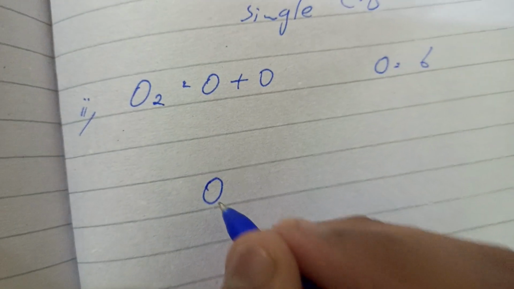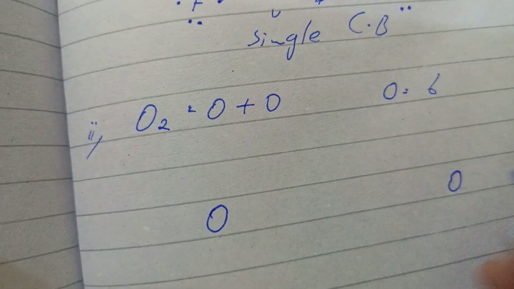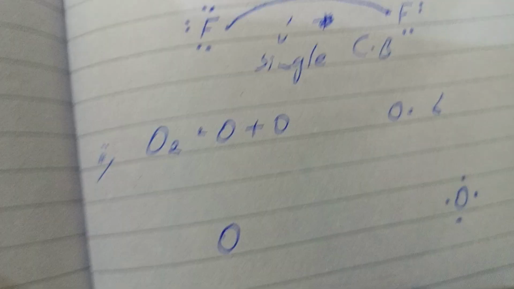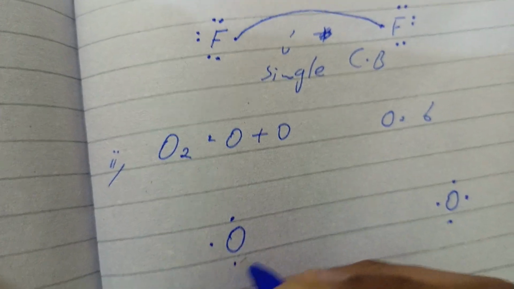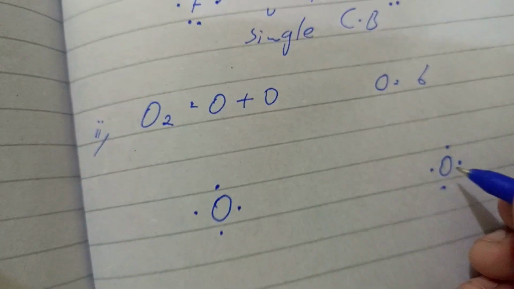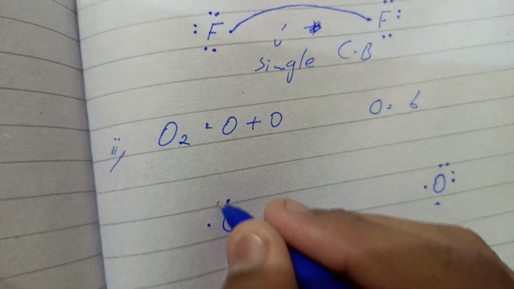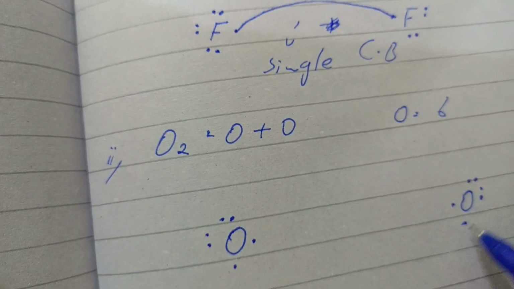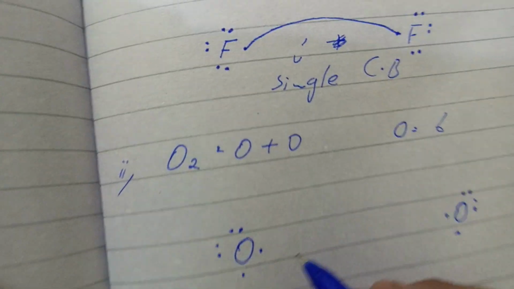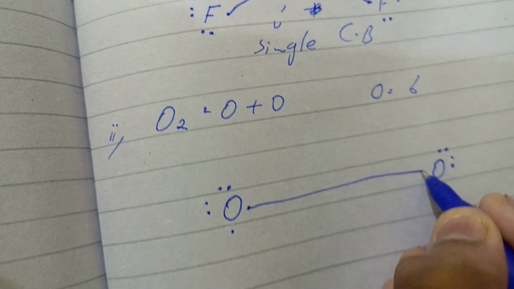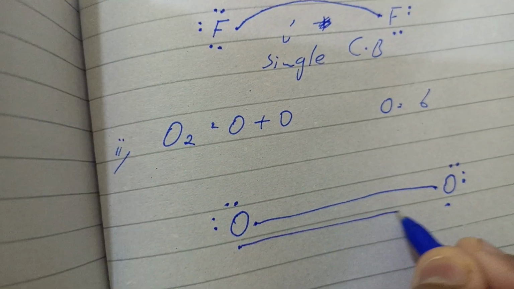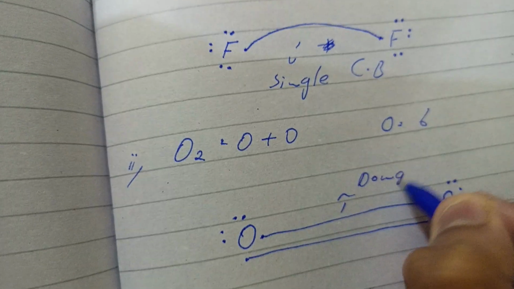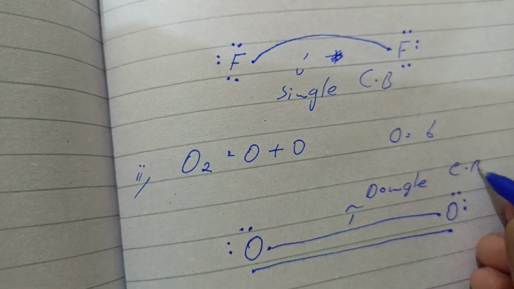We put O here and O here, then we divide the electrons to each side, 1 2 3 4, 1 2 3 4, then we start pairing, 1 2, 1 2. You can count here, it is a total of 6 on each. Now we make a bond like this. This is called a double covalent bond.